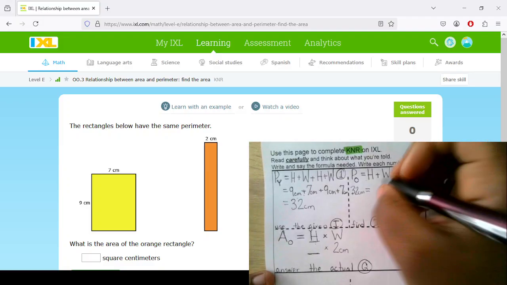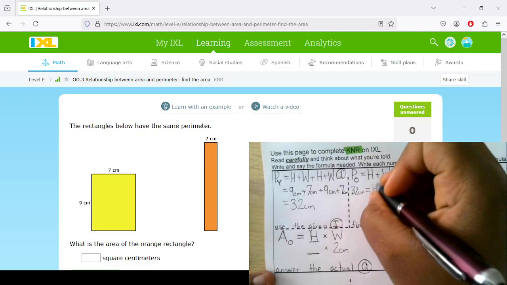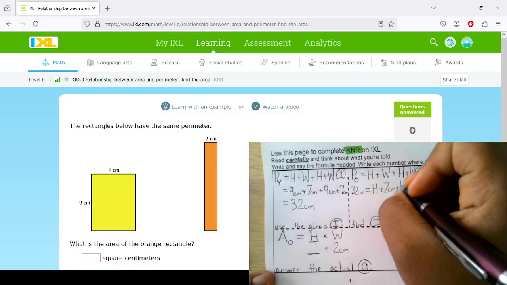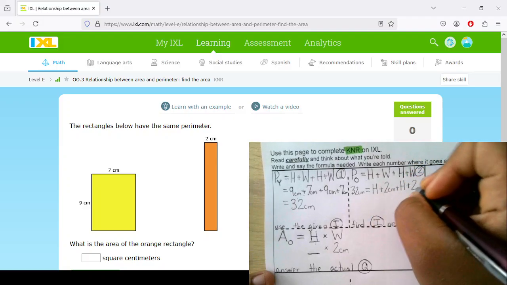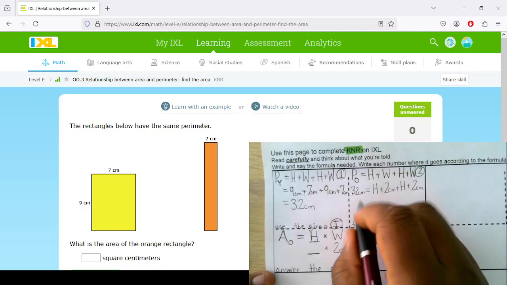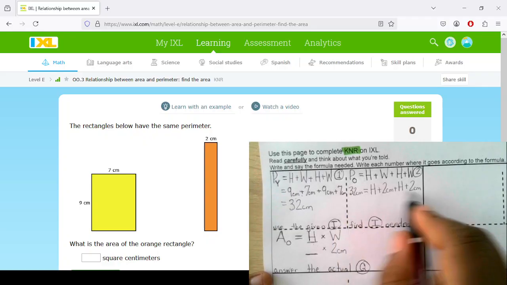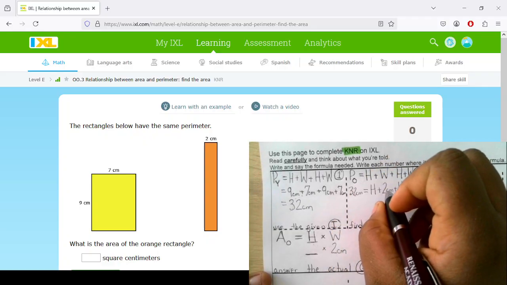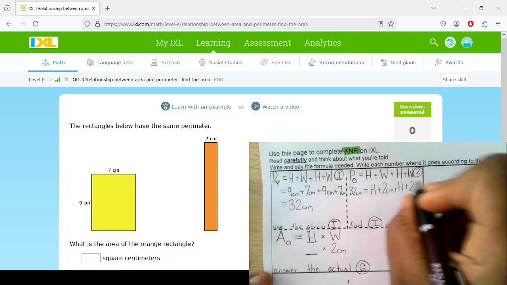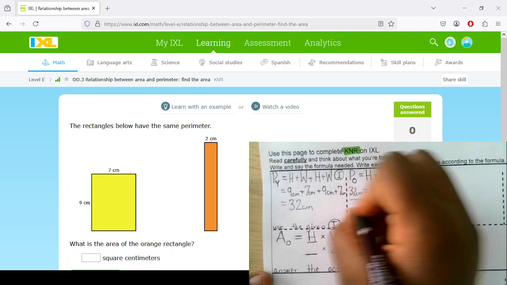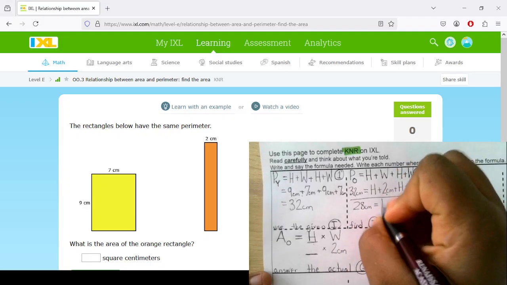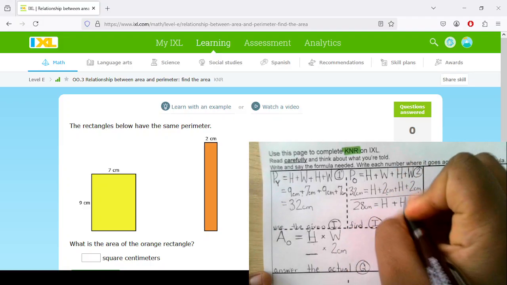And I know the width dimension, so I'm going to plug in 2 centimeters plus h plus 2 centimeters. I know that perimeter is a parts and whole relationship, so 32 minus 2 is 30, minus 2 again will be 28. So 28 centimeters is equal to height plus height.